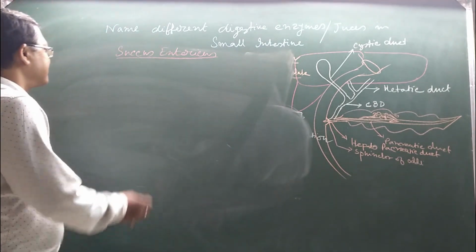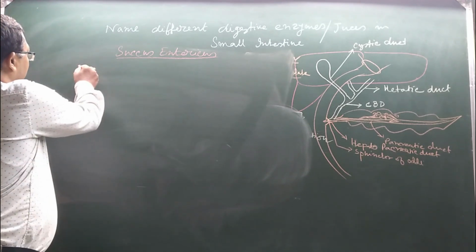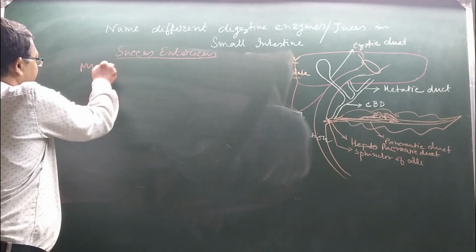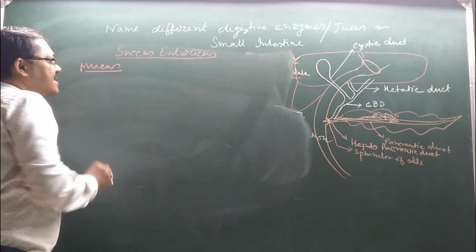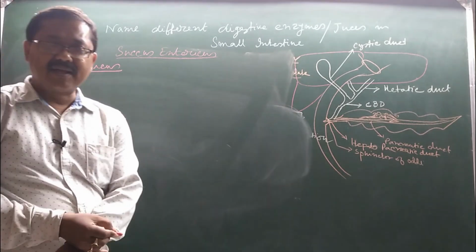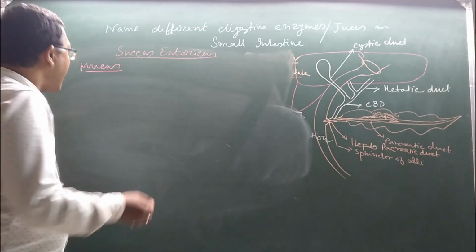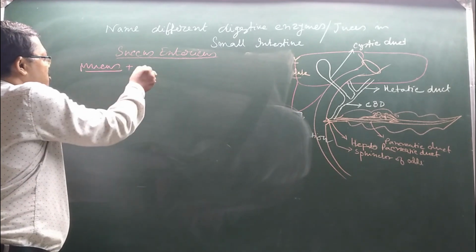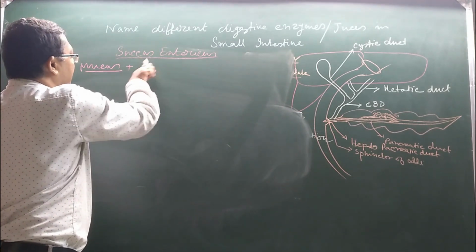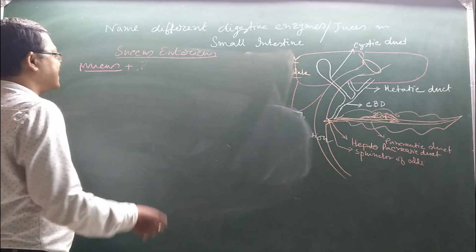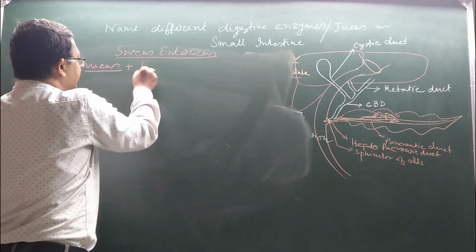Succus entericus is mainly composed of mucus. This mucus is secreted by the goblet cells of the intestine, and the brush border cells of the succus entericus secrete different enzymes.